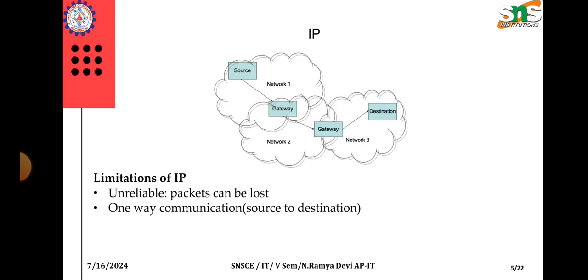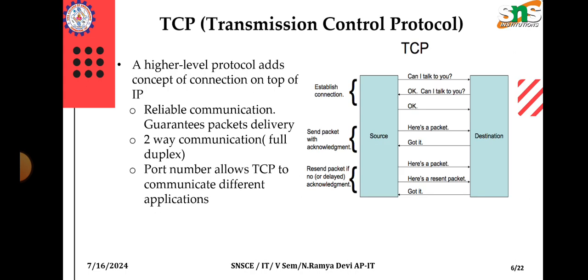There are also disadvantages of IP. It is unreliable, so packets can be lost, and it is one-way communication, from source to destination. Next is TCP, Transmission Control Protocol. This is a higher level protocol that adds the concept of connection on top of IP.